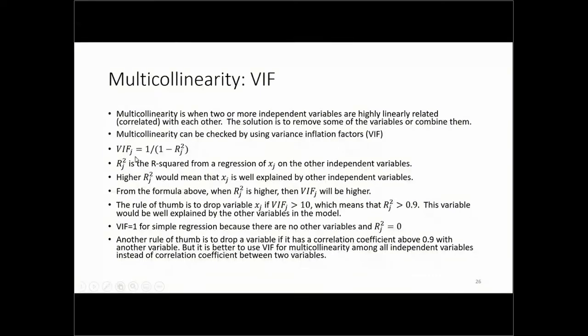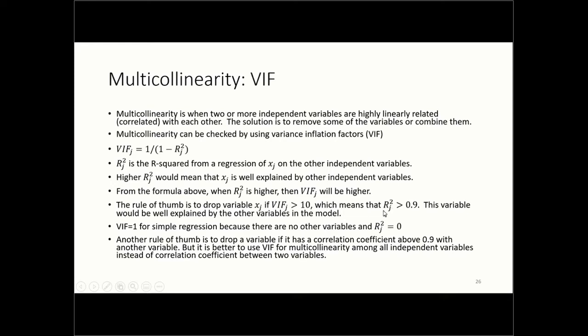A rule of thumb is to drop a variable xj if the VIF for this variable is greater than 10, which means that R squared j would be greater than 0.9. If R squared j is greater than 0.9, then 1 minus R squared j is less than 0.1, and that's how the VIF would be greater than 10.